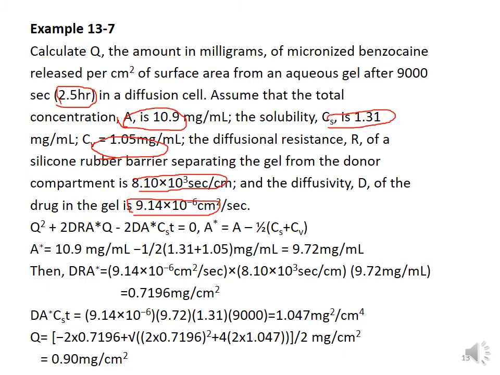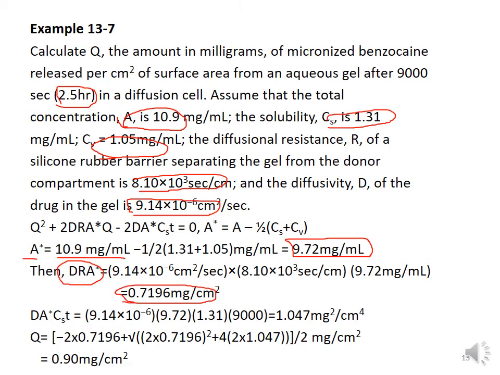The diffusivity or diffusion coefficient is also given in the question. The effective concentration is calculated, which equals A, the concentration dissolved and undissolved, minus half CS plus CV, and it is 9.72 milligrams per ml. Then D R A star is also calculated, and it equals 0.7196 milligrams per centimeter squared.